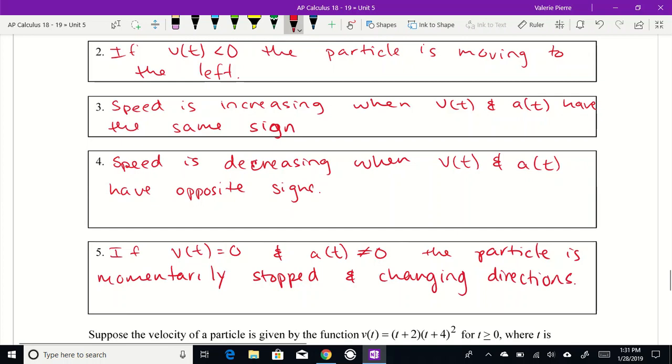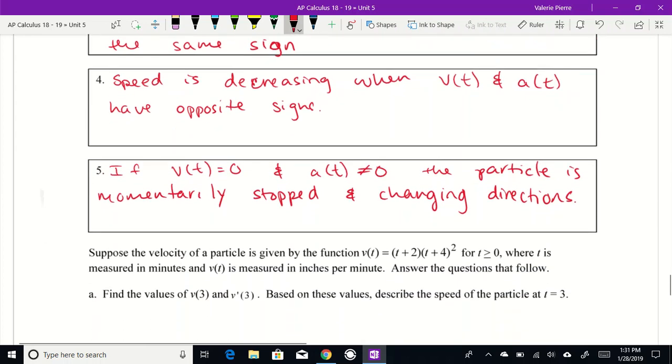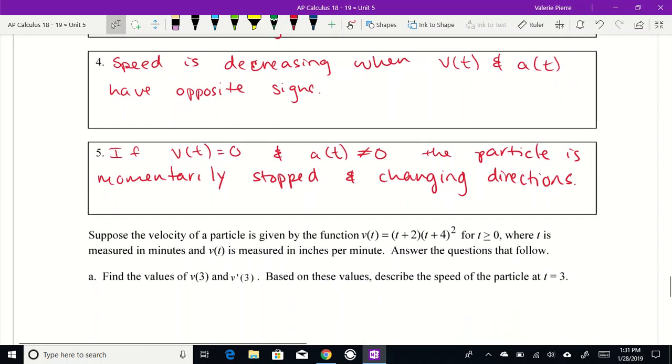Okay, so if the velocity is 0 but the acceleration is not 0, then the particle is momentarily stopped and changing directions.